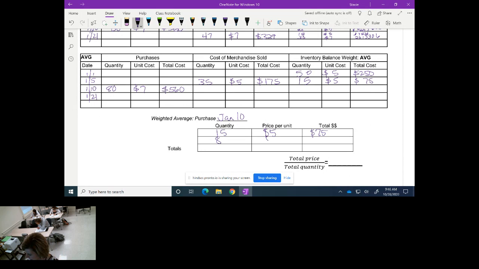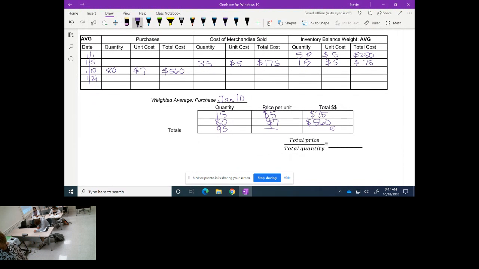We bought 80 at 7 for 560. So now we have 95 units. We're not going to put a price per unit there because we've got to figure it. 635 total. So we're going to take our 635 and divide it by our number of units.